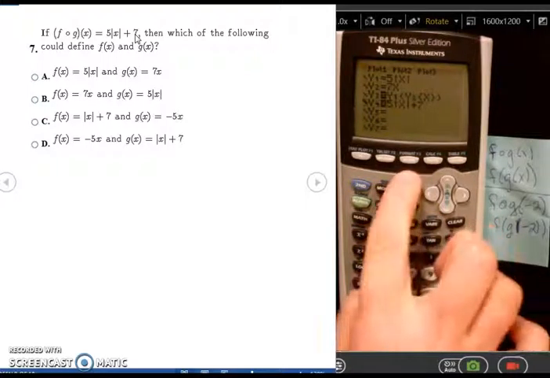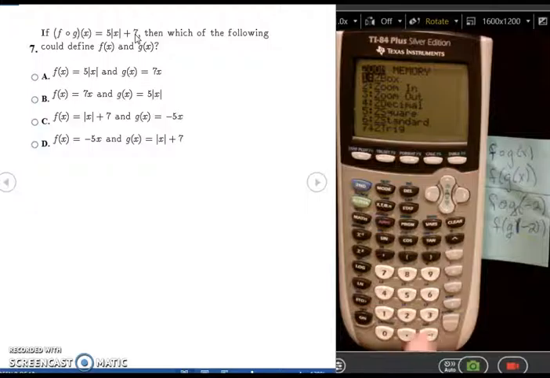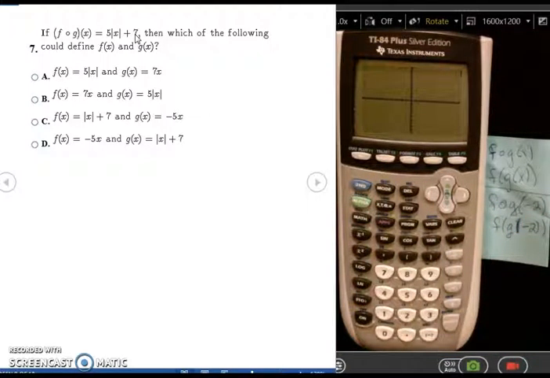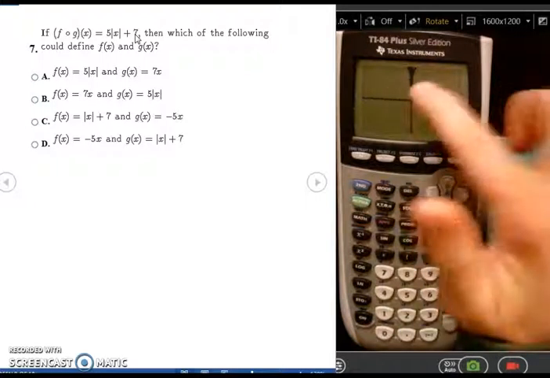So I'm going to graph those, and I want to make sure I know what window I'm looking at. So instead of pressing graph, I'm going to press zoom standard. And there was a thick line, but it's real close. It's hard to tell what I'm looking at there.